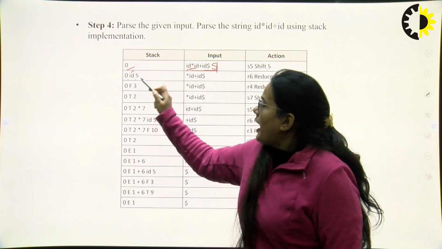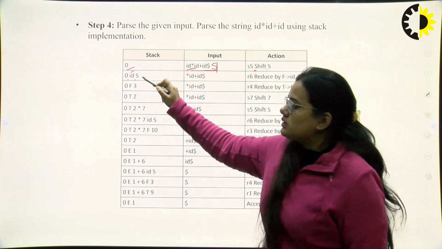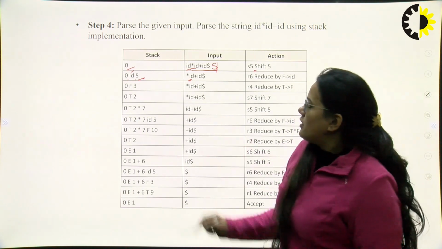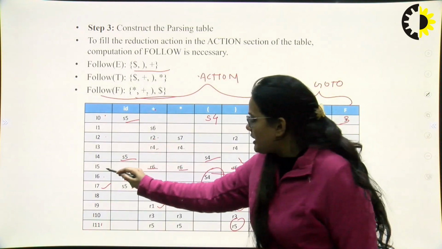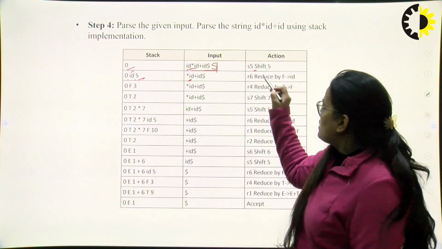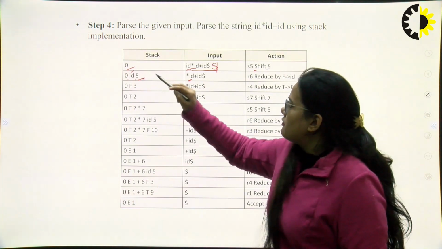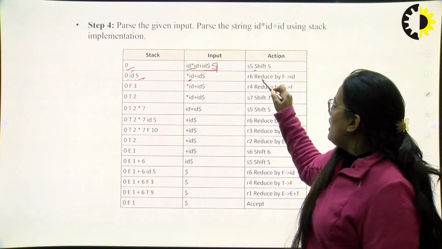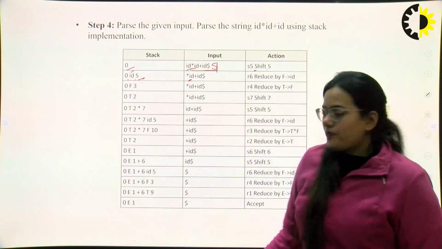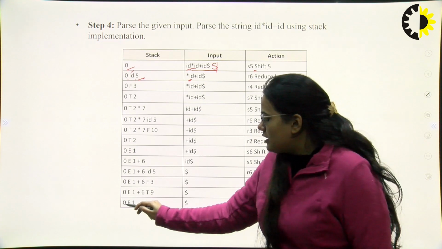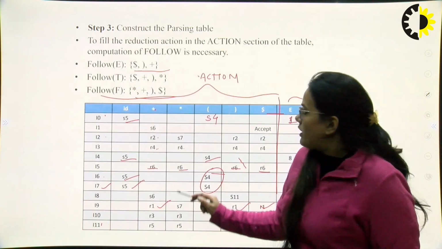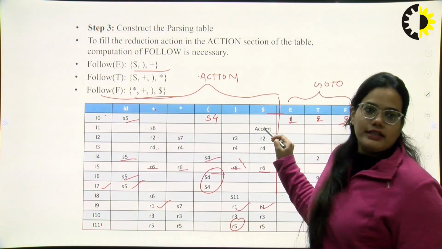Now we check 5 on star: R6, so reduce by F implies ID. After that we get 0 E 1 dollar, and accept. On 1 with dollar, it is accepted.